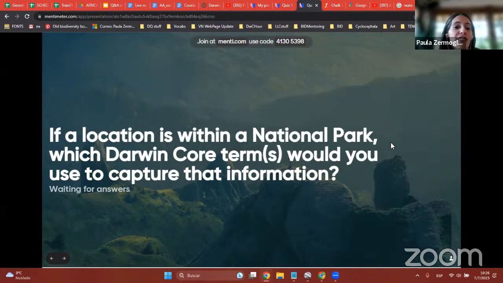So the question is, if a location is within a national park, which Darwin Core term or terms will you use to capture that information? In this exercise, you are able to type in the name of the Darwin Core term that you would use, or terms, could be more than one. I think I allowed three options per person. Which are the terms that you would use to capture that the location is within a national park?